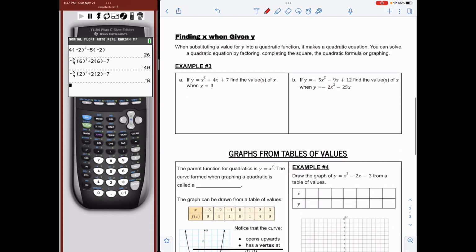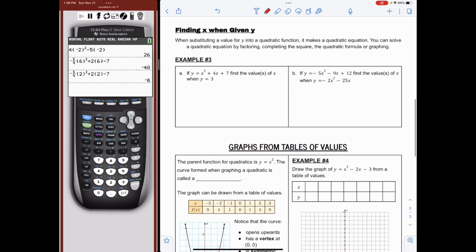So now let's talk about finding x when given y. So when substituting a value for y into a quadratic function, it makes a quadratic equation. You can solve a quadratic equation by factoring, completing the square, the quadratic formula, or graphing. And for the purposes of this class, we are going to look at doing it by graphing.